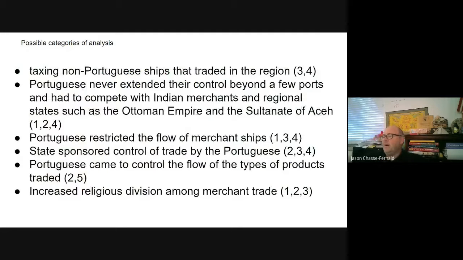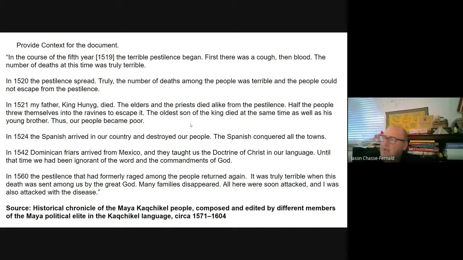All right, so this is just a reminder from yesterday, some of the possible categories of analysis that I received in my homework, and in which documents kind of paired up with these categories of analysis. All right, so in class today, we started by looking at this document, and we wrote a 3-sentence contextualization to this.